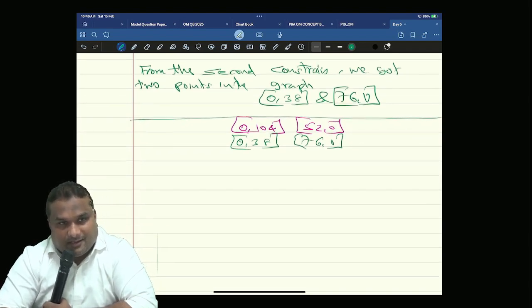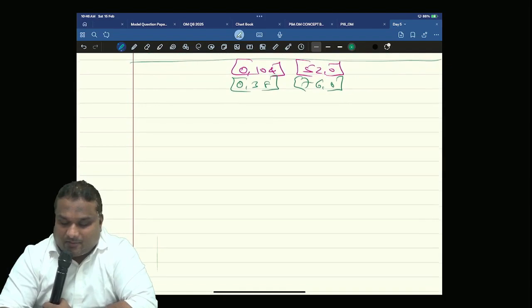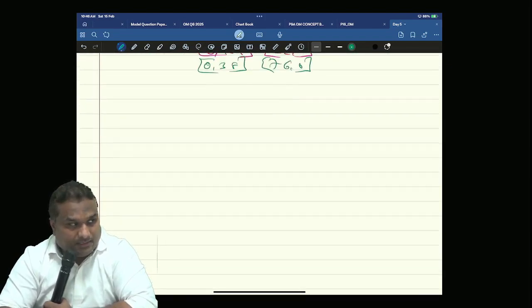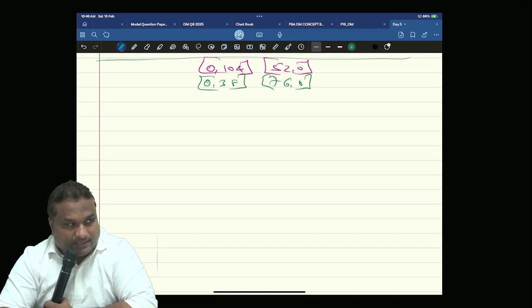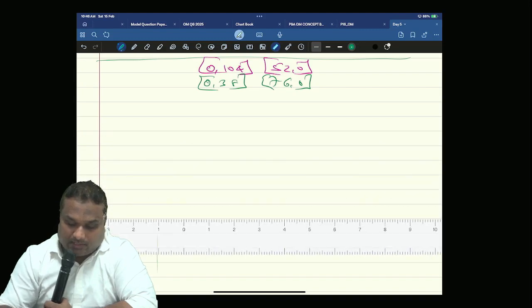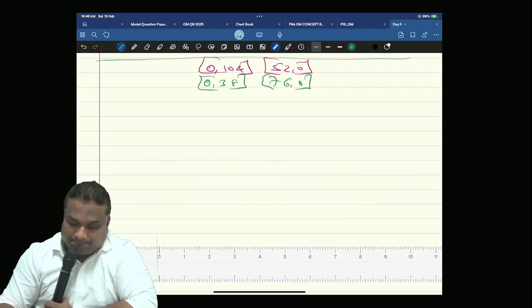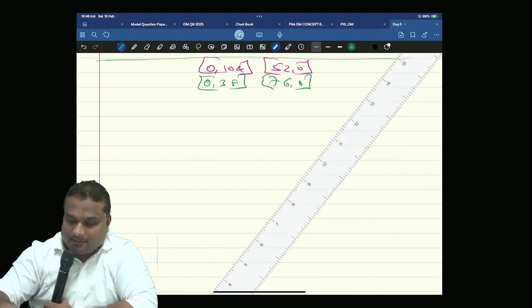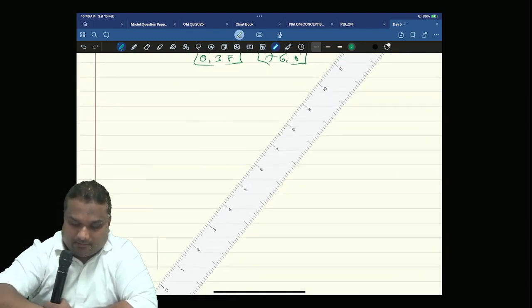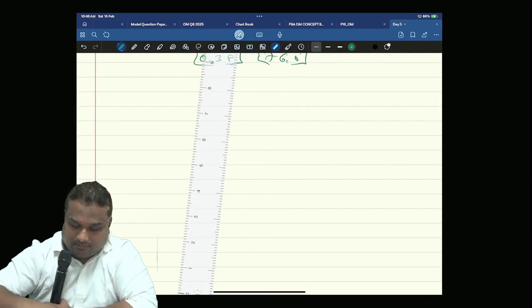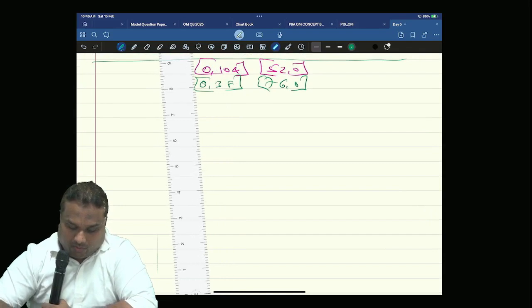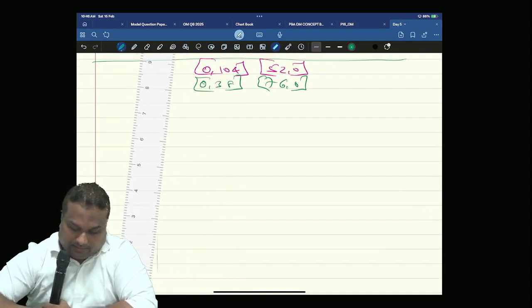Ready? Now we are going to solve this with the help of the graphical method. Can I start? Maximum height is 104, correct? This is a scale. 104 is the maximum height.